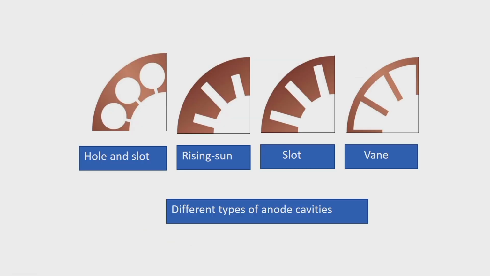We have shown the cross section of a hole and slot magnetron. Different types of anode cavities are used, like rising sun, simple slot, vane.